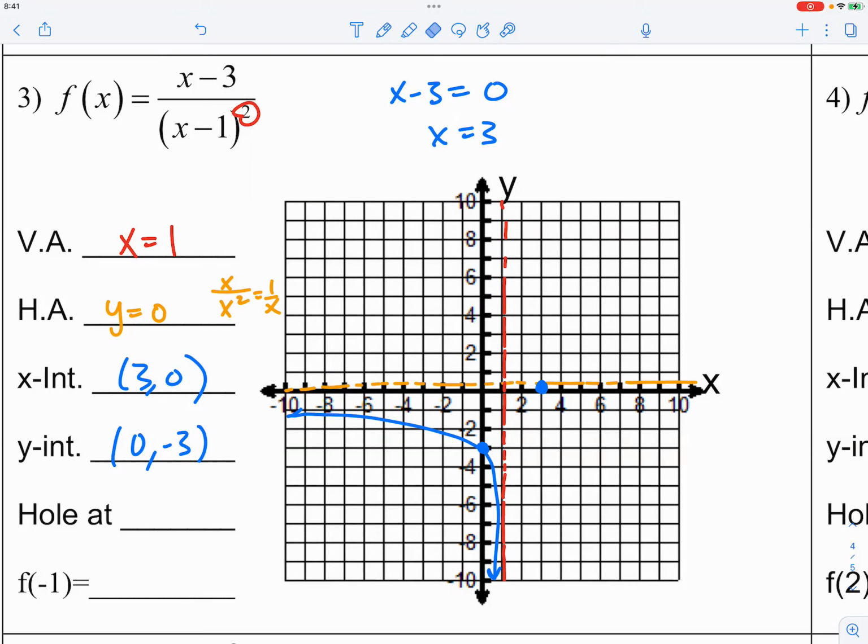Now, because of the square right here, there will be no sign change. So around the vertical asymptote, the graph would head to the same direction. So that's what's going to happen.